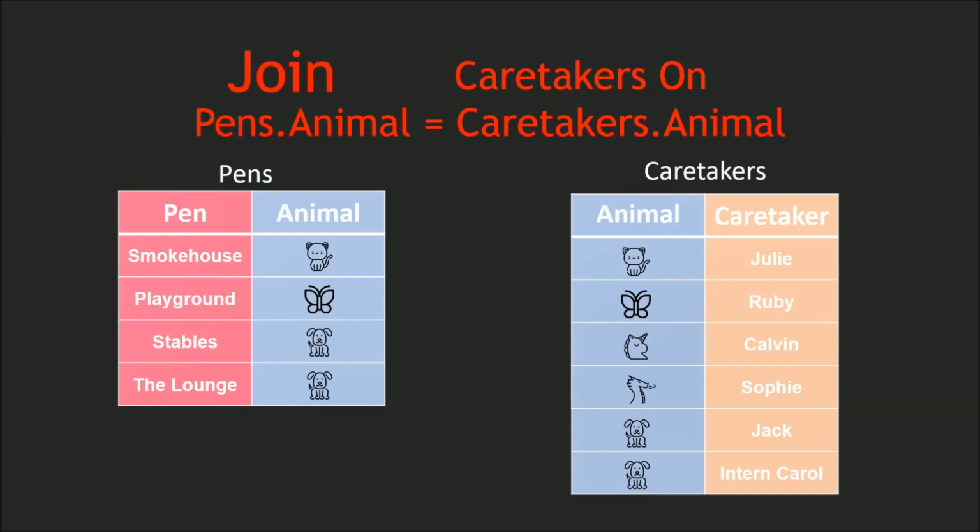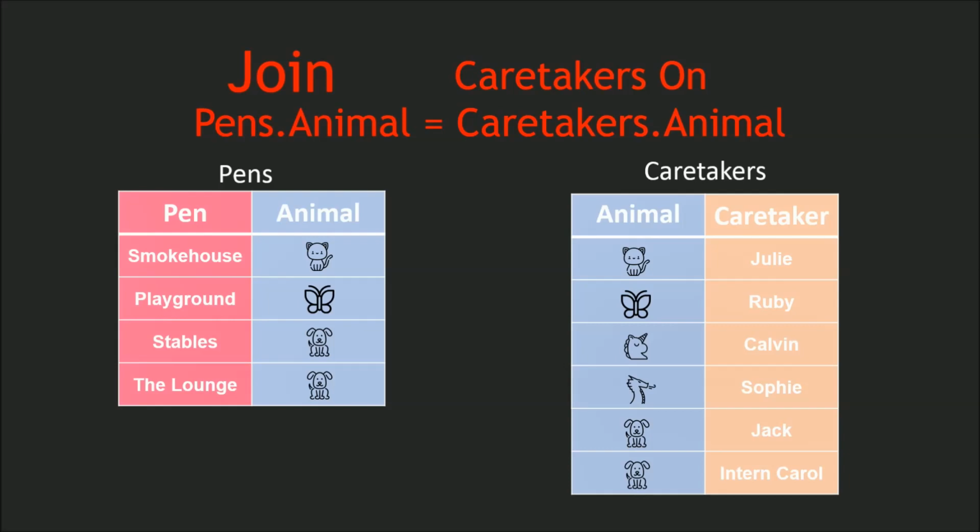But that's clearly going to be incorrect, because we know that if the puppies are going to be in the lounge half the day and in the stables half the day, then both intern Jack and intern Carol are also going to be at the stables half the day and at the lounge half the day.